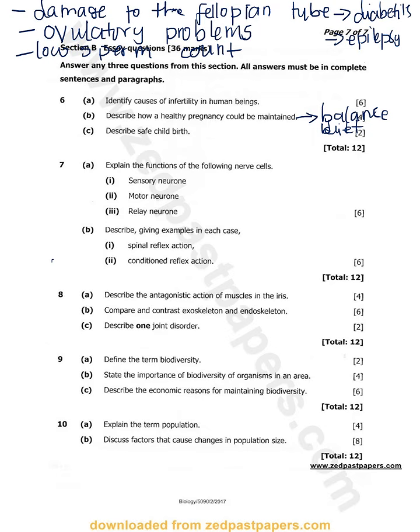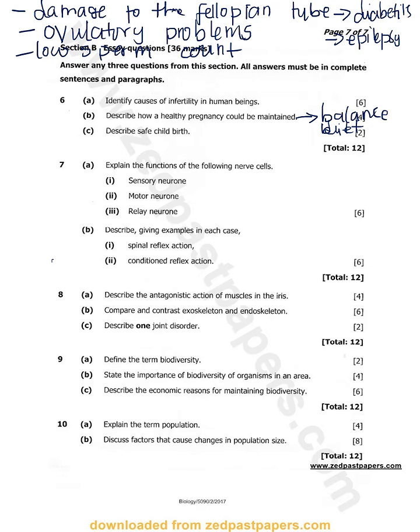Then she needs to avoid a lifestyle that involves alcohol, caffeine, tobacco, etc. Also she has to get enough rest and do some activities that will keep her body physically active. Those are some of the points you would expand for a healthy pregnancy.